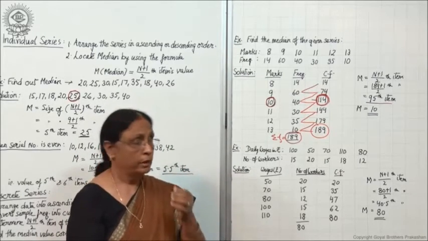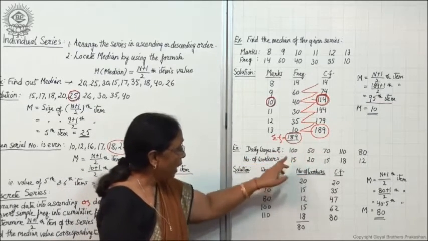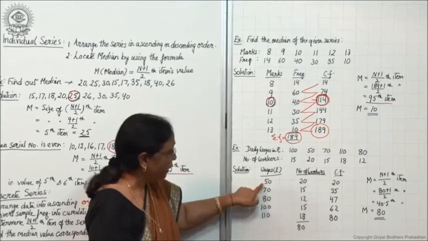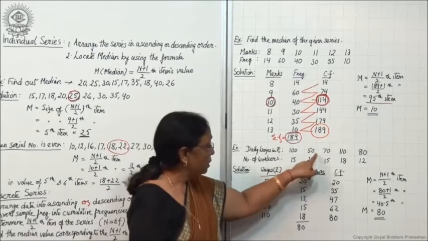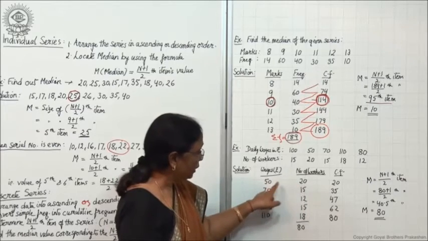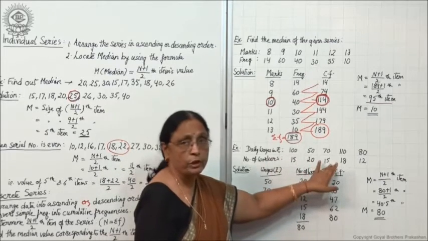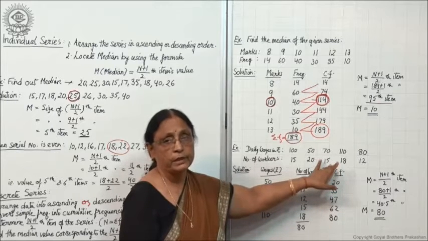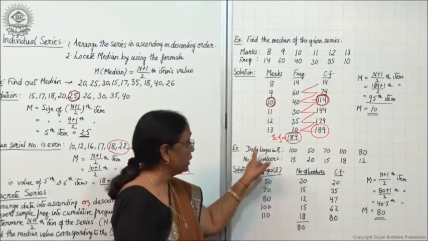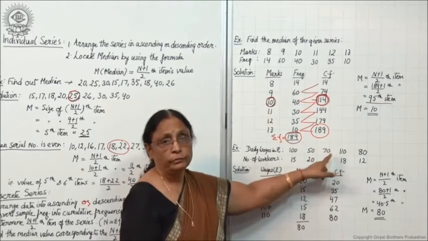You will arrange the wages given in rupees. Because 20 people are getting 50 rupees, here it will say 50 and 20 is the frequency. You will not change the frequency column at all. Remember this. You have to arrange only the wages column, right?